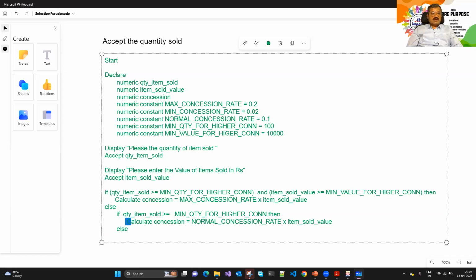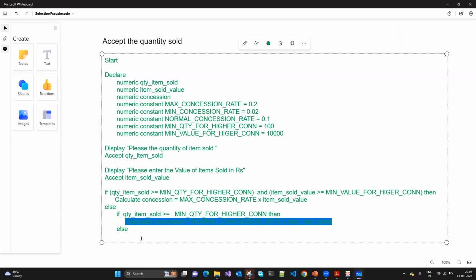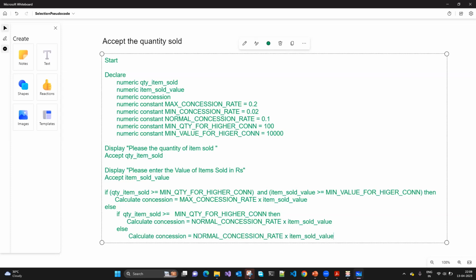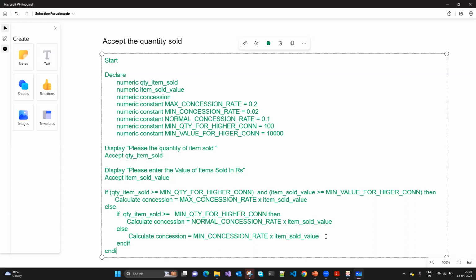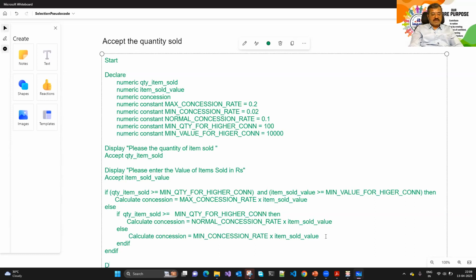Look carefully, sir, both conditions should be true for us, above it is 100 equal and below also. I'm asking whether this is okay or not. I have not said this is correct or this is wrong. I'm still asking the question. Is this the right way to go about it? I think it's right. Will it work if I write like this? Will this give me the right answer?